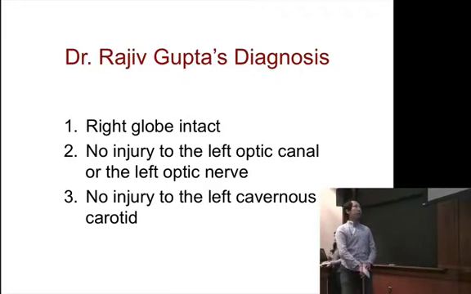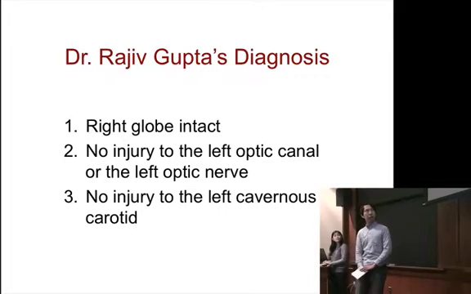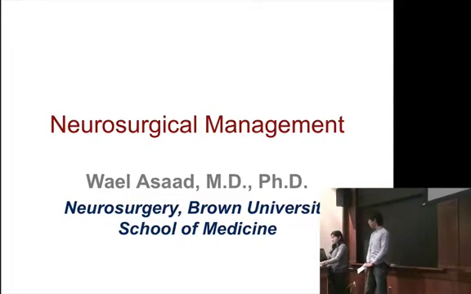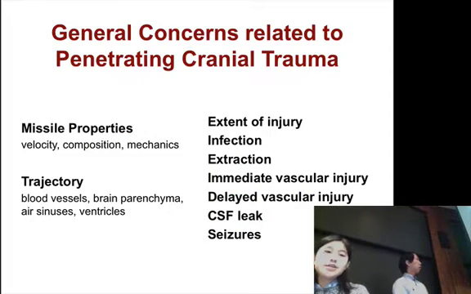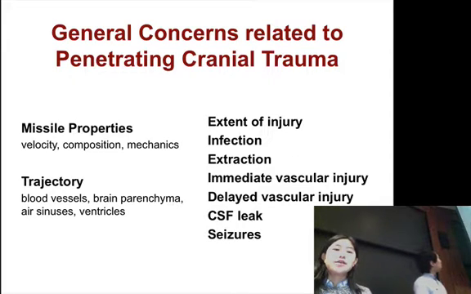So the CT image shows that this man has his right globe intact, and it retains the spherical shape, and there was no injury to the optic nerve or the artery. So surgery was able to successfully operate it. To prepare for the surgery, they have general concerns related to penetrating cranial trauma, including two factors: the missile properties and trajectory.